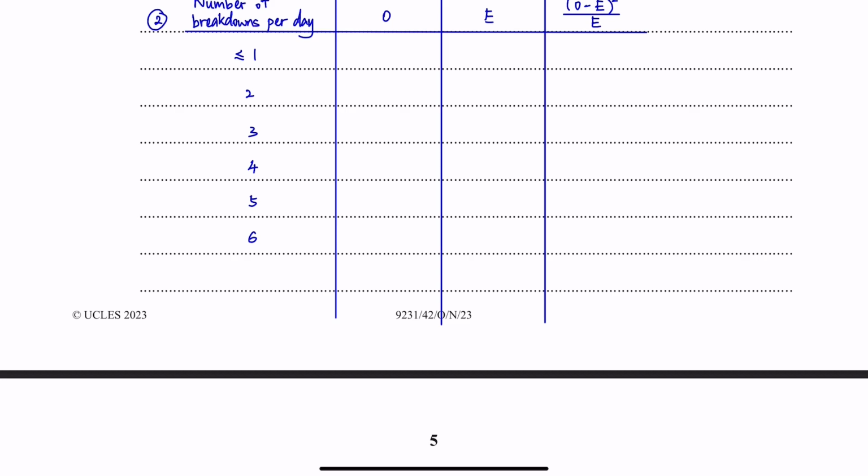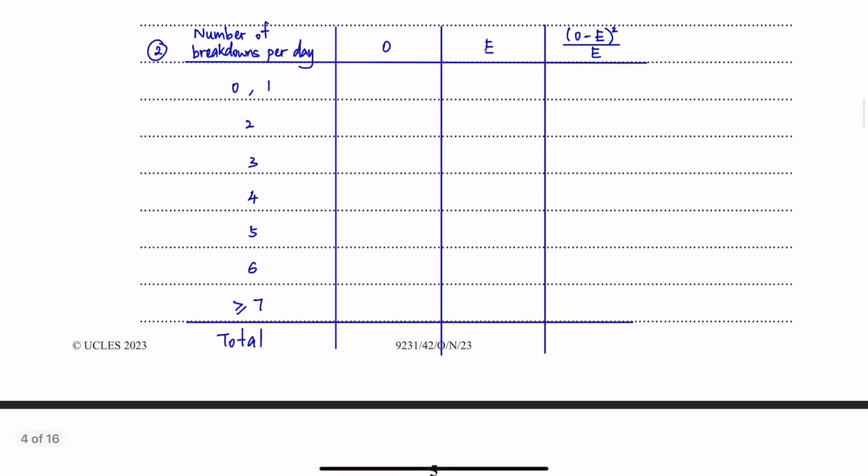We need to consider 7, 8, 9, 10, and so on. So this would be more than or equal to 7. For this one, let's call it 0 and 1, just to avoid confusion. So the last row, we need to include the total frequency.